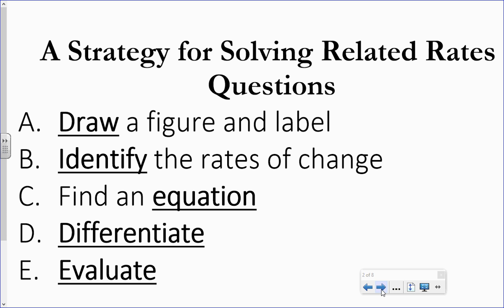I'll show you what I mean in our first problem. But I do expect you to draw a picture. And I expect you to identify any rates of change that we have or we don't have. I expect you to write an equation, find its derivative, and then evaluate using the information that you have identified.